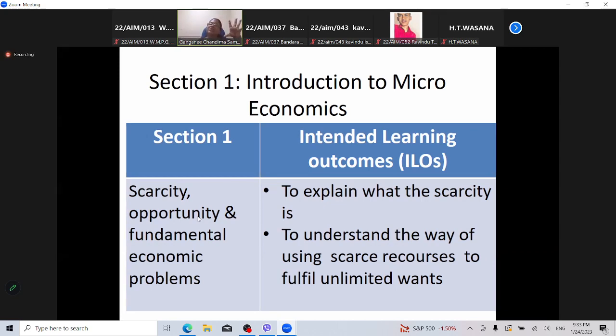Just the mental picture should be there. We have many wants and needs, but we have very limited what? Resources. Very good, Hashini. Yes, that is the main problem we are facing.